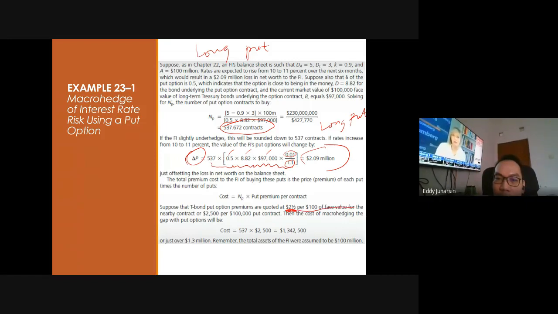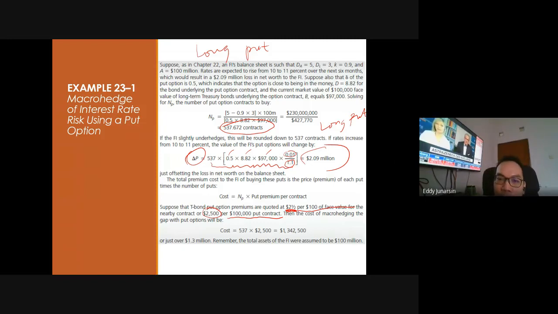Okay, so if you take a 500,000 put contract, then you need 2,500 of the option premium that you have to pay.